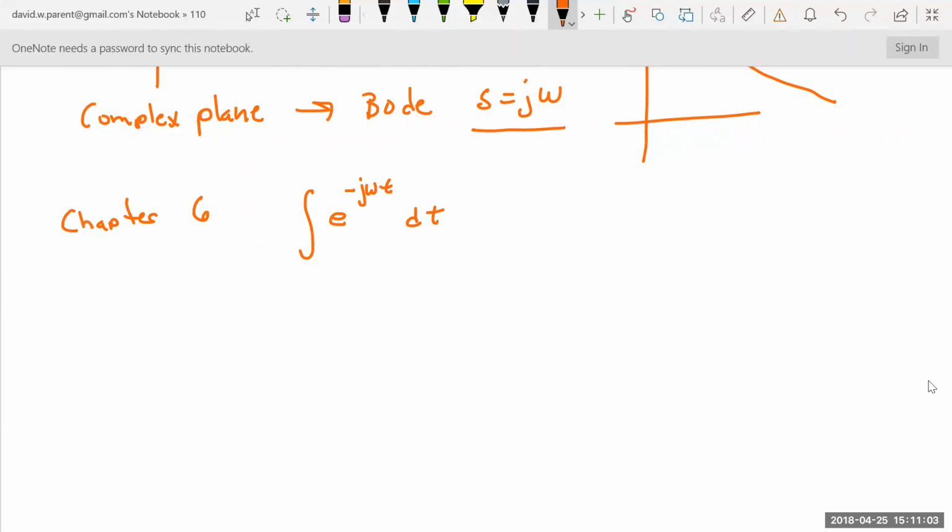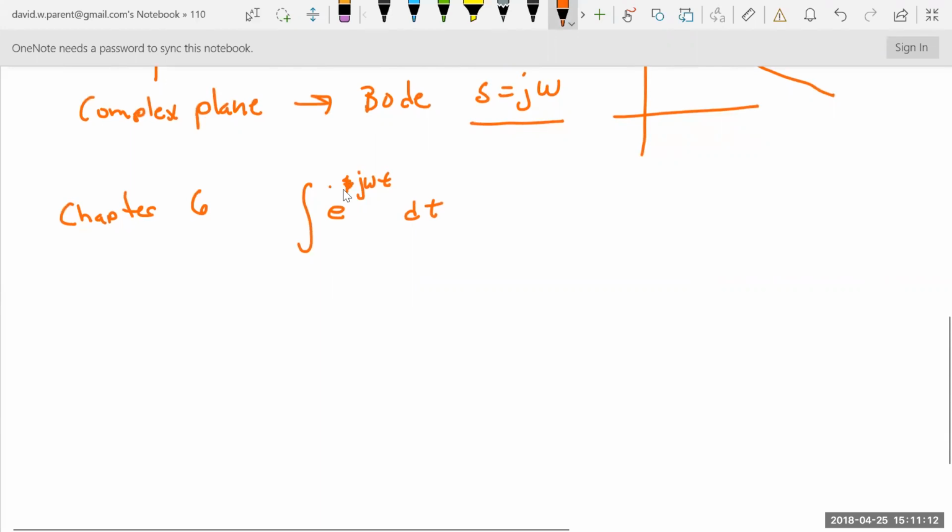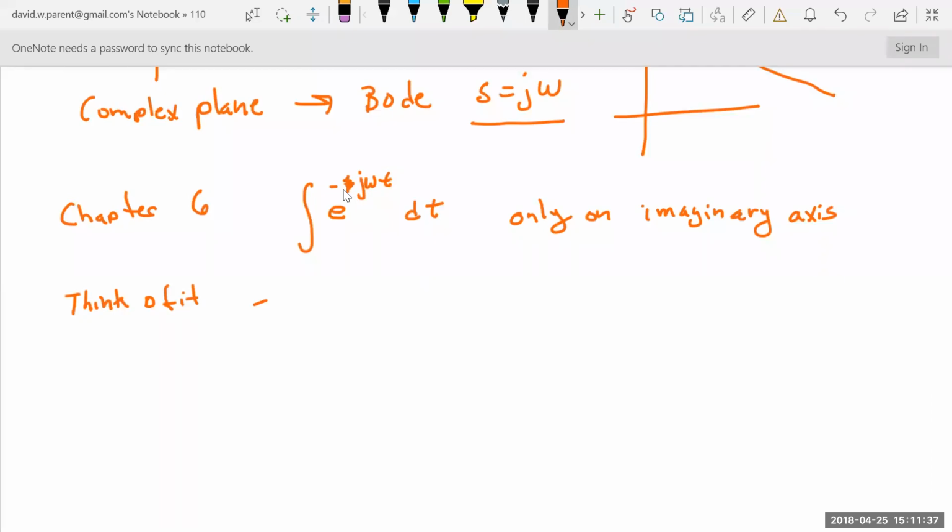Right? You can just, I think that's a plus. No, it's got to be minus. And you can see that it's the same thing, except this is only on the imaginary axis, and just think of them as sine waves, all right?